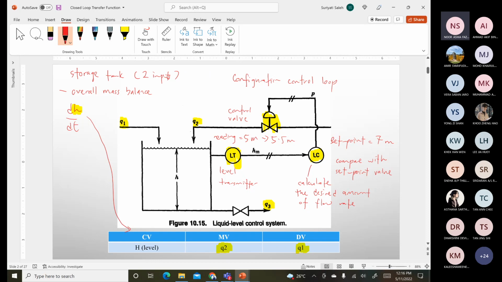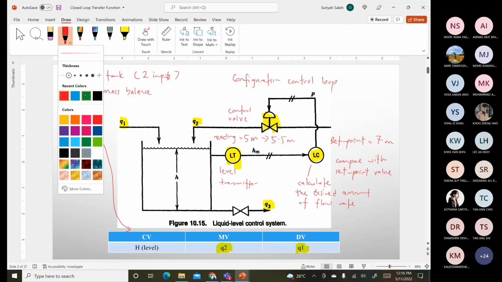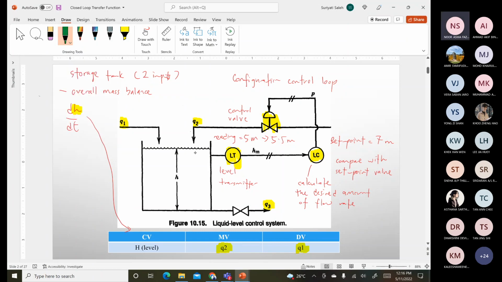If we take a look, this process starts from the H here, we go to LT, and then it will go to LC, to the control valve, and then the control valve will go back to the system.